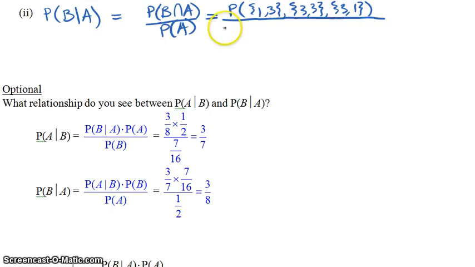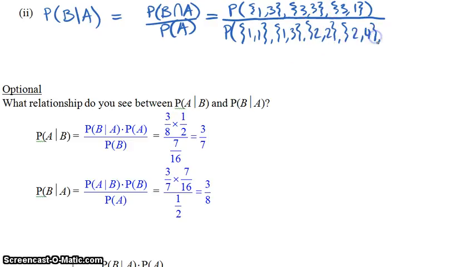This is a little bit harder to do, but if you list it out, I can have 1, 1, or 1, 3, 2, 2, 2, 4, 3, 1, 3, 3, 4, 2, or 4, 4.